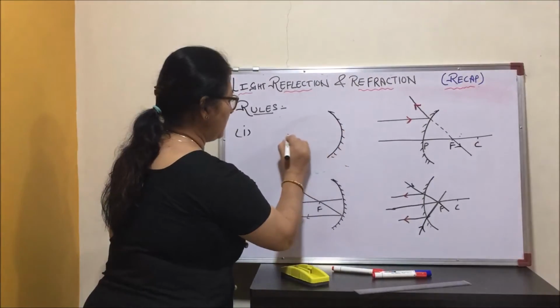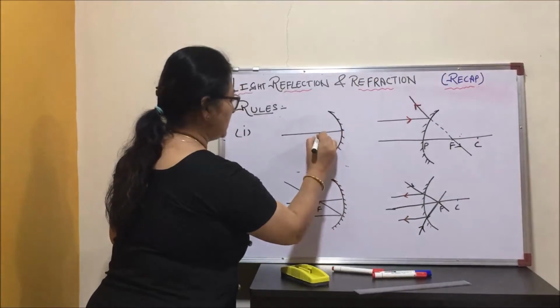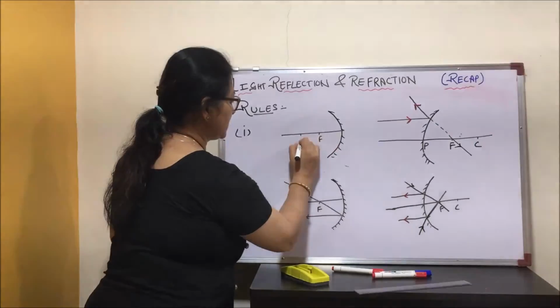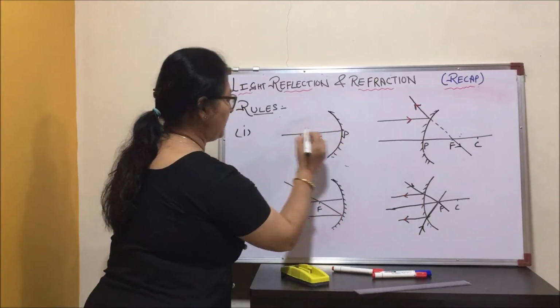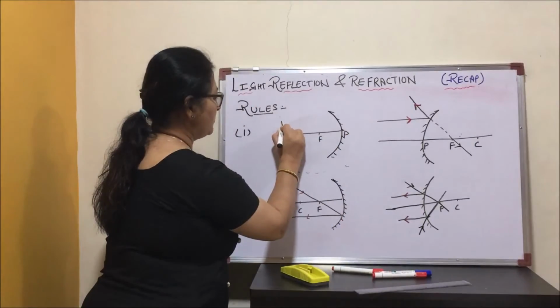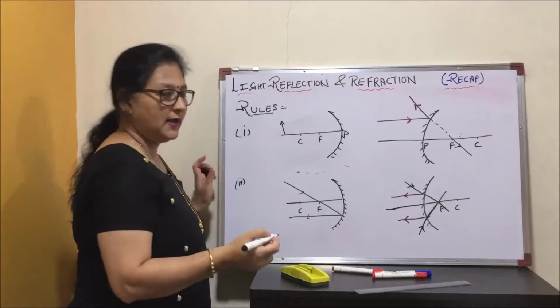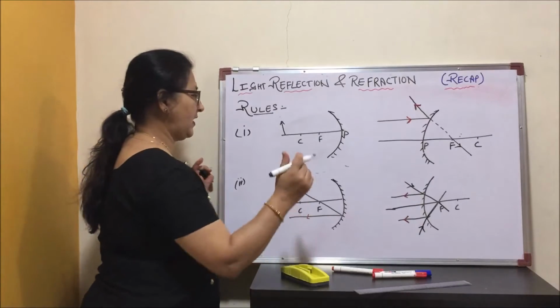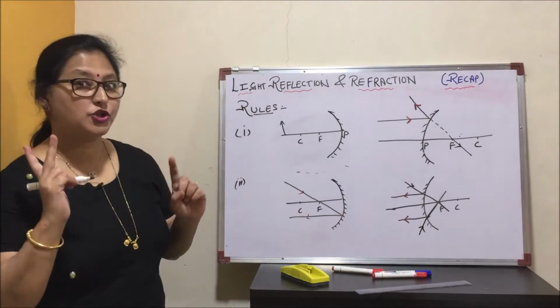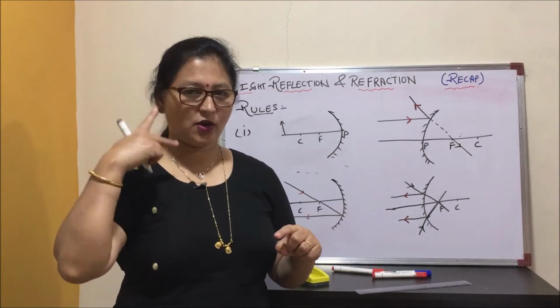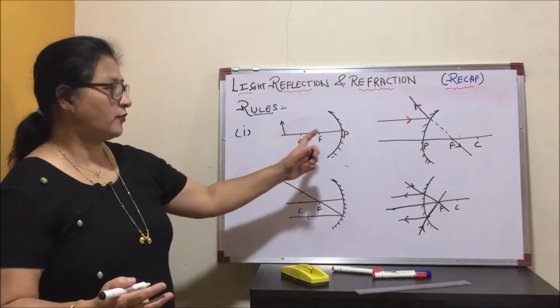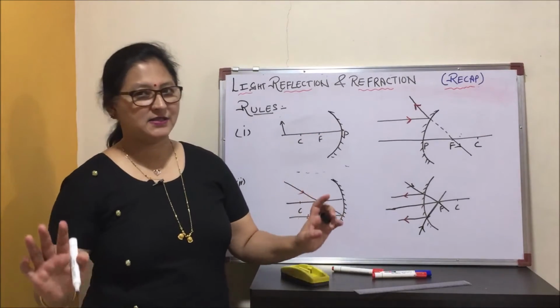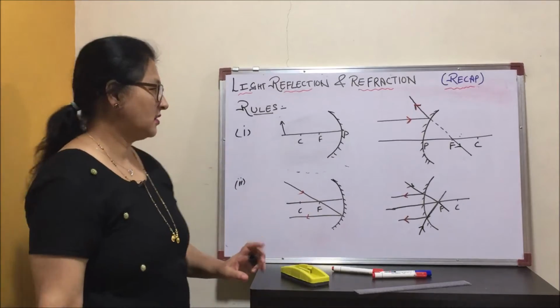This is our concave mirror. This is our focus, this is the center of curvature, this is P. Now let's take an object over here. This is the top part, or the head part, of the object, and this is the bottom part. We are going to take only two rays to form all these ray diagrams. These are the standard rays, right?